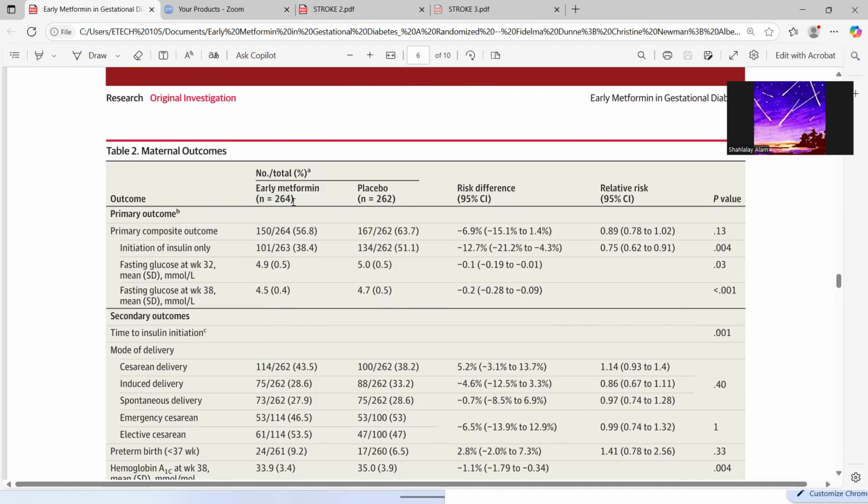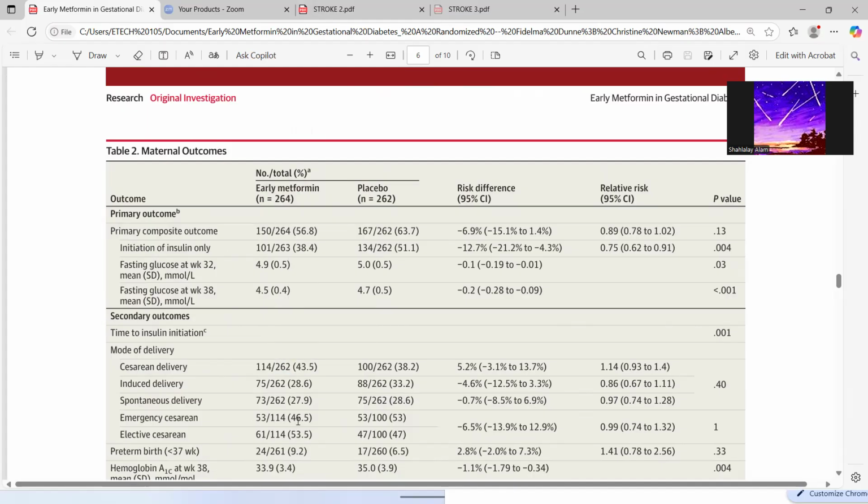People might be thinking that, okay, the total of the metformin group is 264, but I'm asking to extract data for totals of outcomes. If this cesarean section is my outcome, I am asking for its events and totals. So its events are 114, but its totals are 262, not 264.